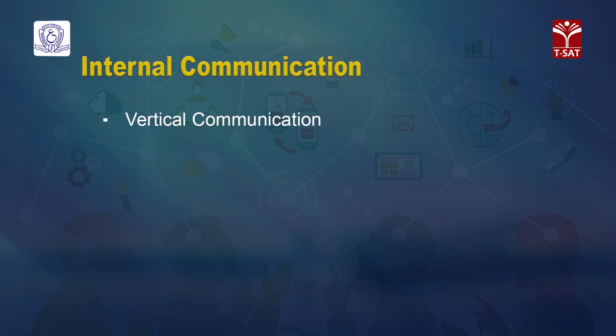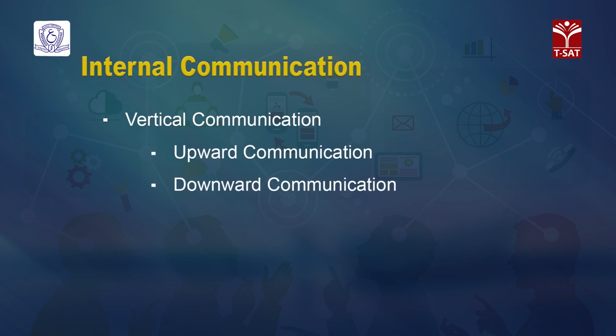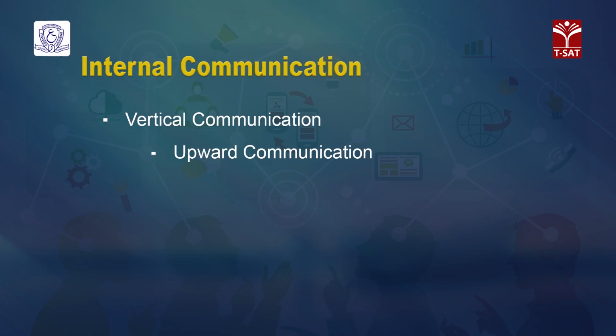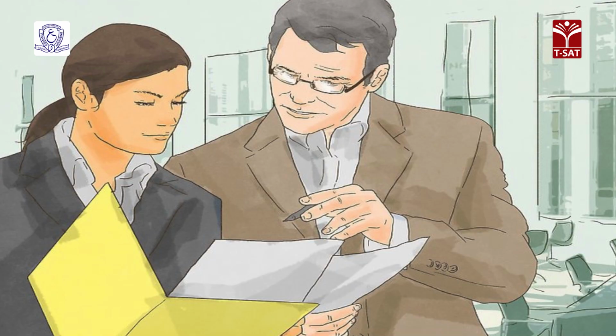Vertical communication can be of two types, upward and downward communication. Upward communication is when the information gets transmitted from the lower rung of the hierarchy to the upper level. For example, when the subordinate reports to the manager, it is upward communication. Conversely, downward communication is when the manager communicates with his or her subordinate to get the work done.